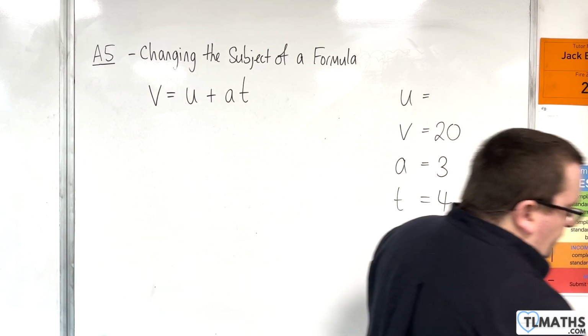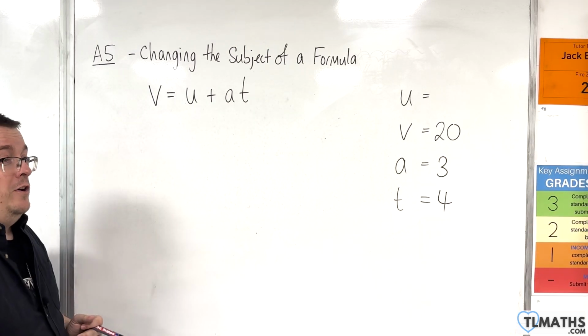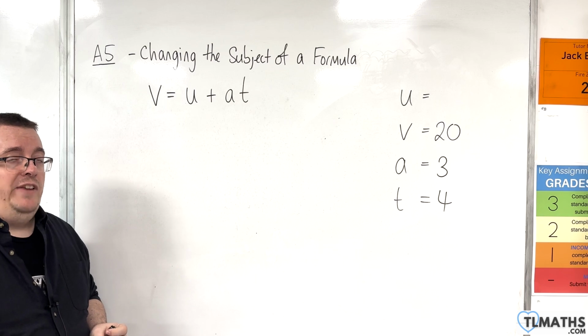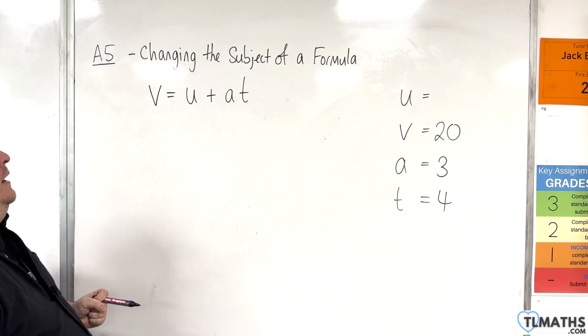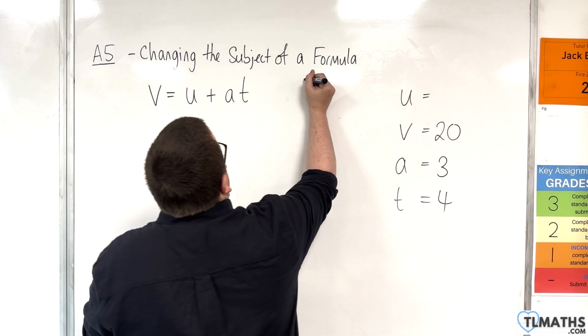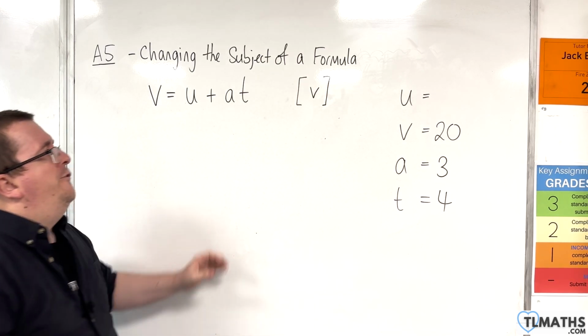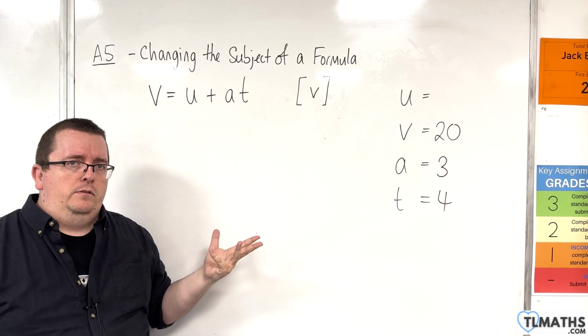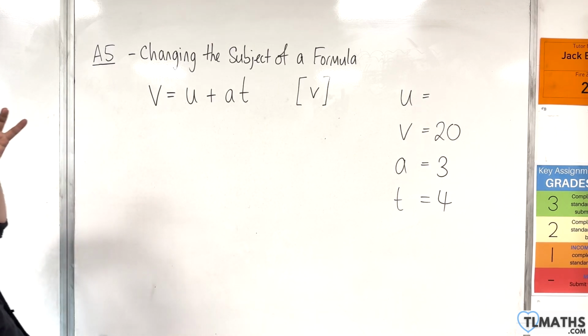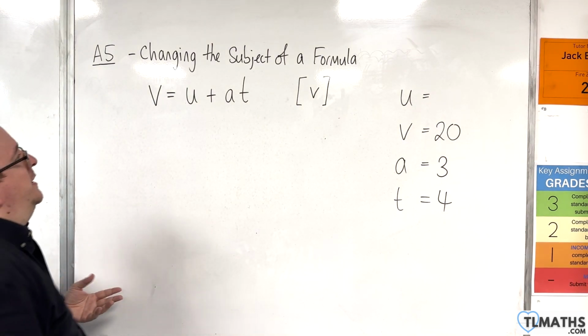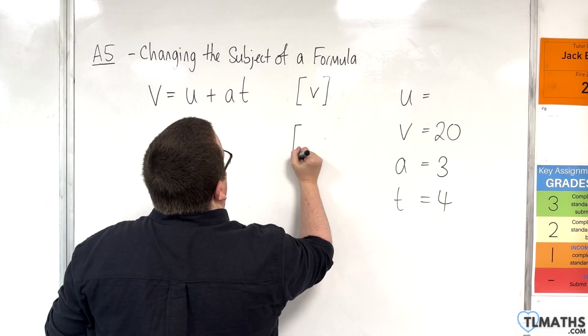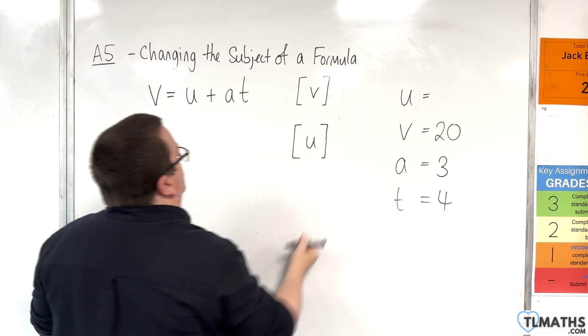So sometimes you might see in textbooks, or older textbooks, the notation of writing this. What this means is that V is the subject of the formula. So if I was to make U the subject, the whole idea would be of me rearranging this formula to make U.